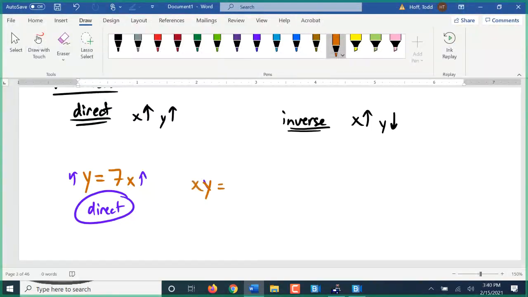X times y equals 15. Here, if x gets bigger, what does y do? Let's say if x is 3, what's y? 5. If x goes up to 5, what happens to y? So x gets bigger, y gets smaller. This is inverse.